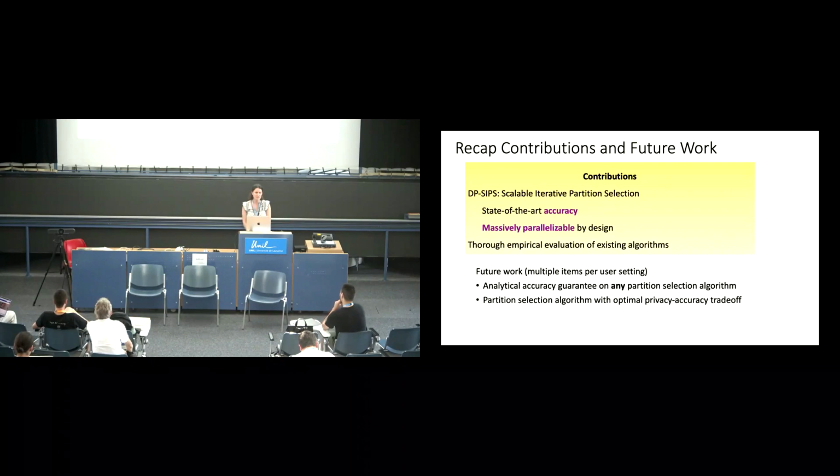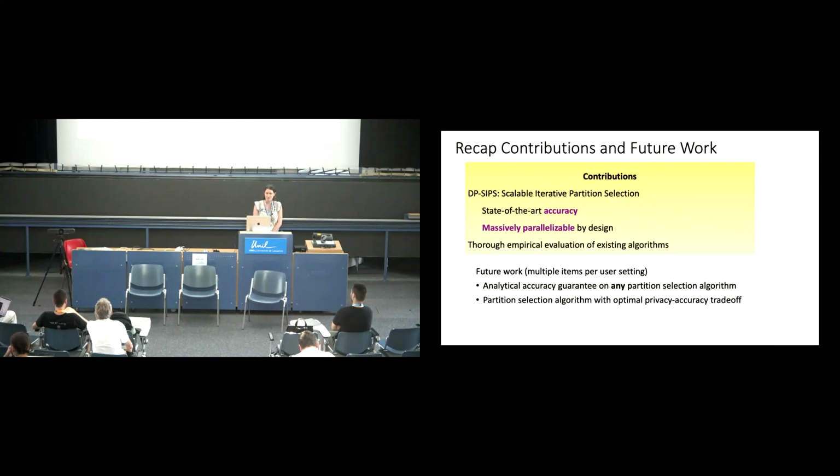All right, so just to summarize, we developed this algorithm that takes an iterative approach to partition selection. It achieves a trade-off between having state-of-the-art accuracy while also being massively parallelizable in its design. And we also provide this thorough evaluation of existing algorithms.